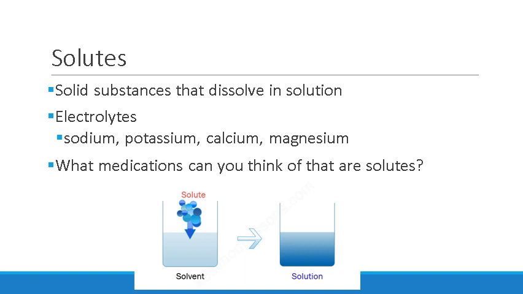If we refer to the picture at the bottom of the screen, the solute would be the formula in the powder form. The solvent would be the water that you're mixing with the powder, and mixing that thoroughly together, you get a solution without any clumps of formula left in it.